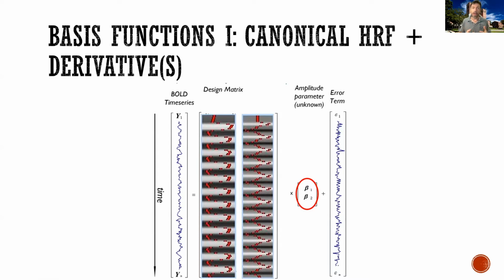As a consequence, we've taken away amplitude from the canonical, and we've given it to the derivative. So if now we throw away the derivative and the beta 2, we're essentially penalizing subject B just because their HRF doesn't match the canonical.